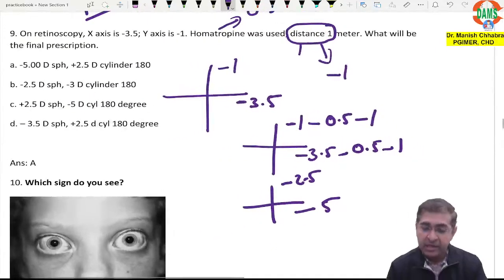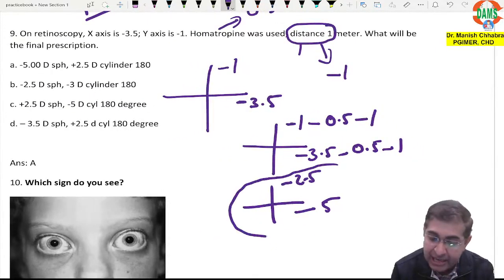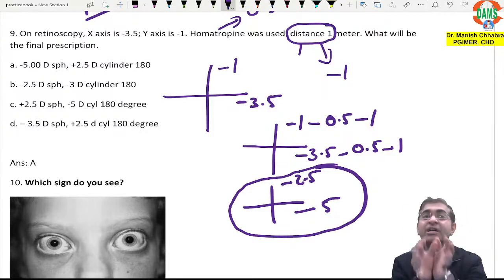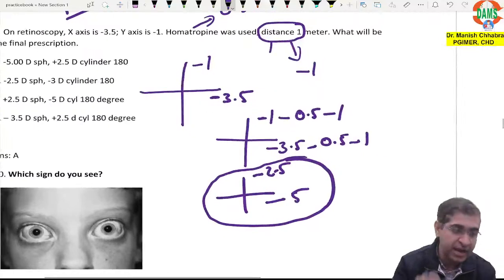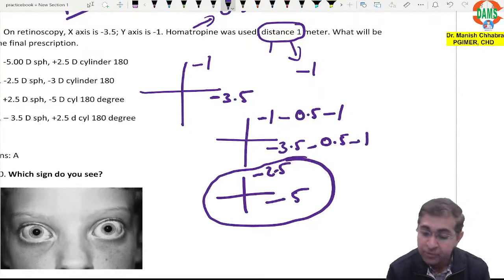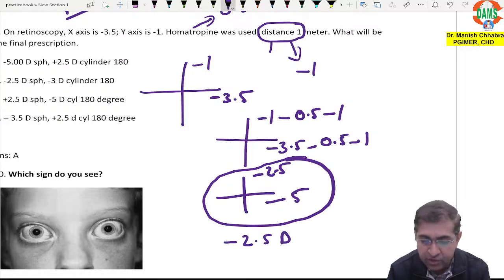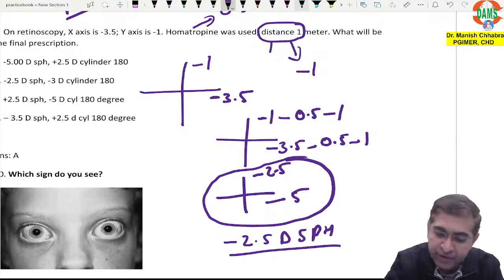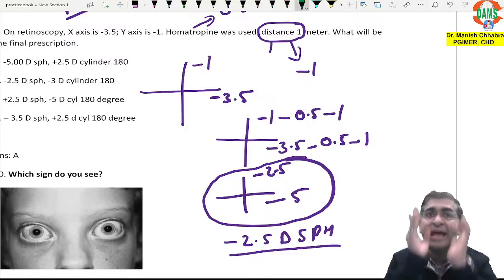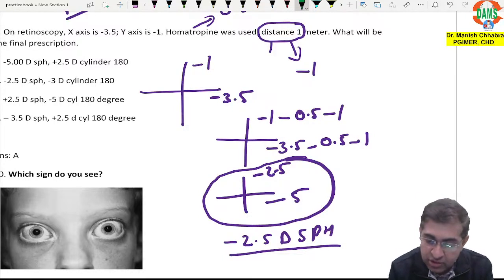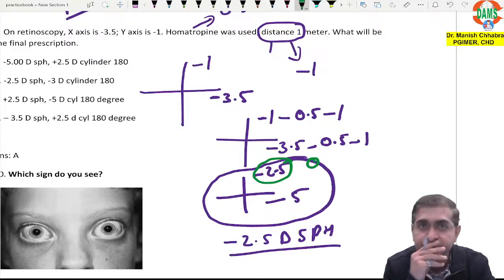Do you understand? Now I need to prescribe this equation in the form of glasses to the patient. What I am going to do is that I can either give -2.5 diopter sphere. If I give -2.5 diopter sphere, the sphere is going to act in both x-axis and y-axis. So this will become 0 at y-axis because -2.5 is the power at y-axis.